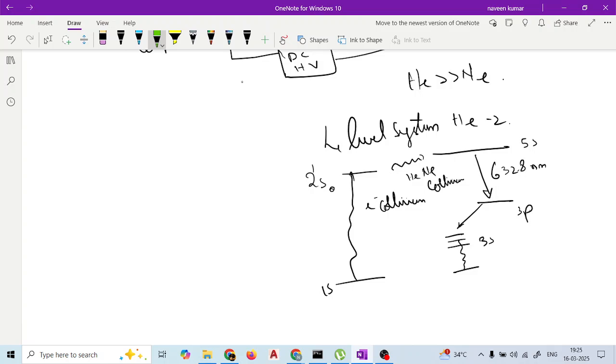When you energize the cathode and the anode, you connect them to a DC high voltage supply. You end up generating the discharge and ionizing the discharge arc and the gases present. In response to that, quite a few interesting things start to happen, giving rise to our laser system.